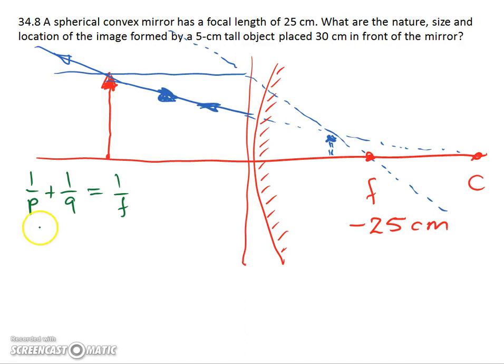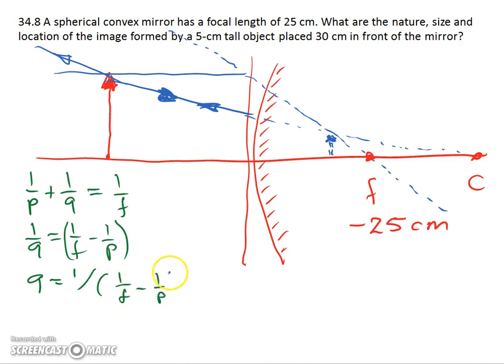So the first thing we want is the image distance. So 1 over q is equal to 1 over f minus 1 over p. That's subtracting 1 over p from both sides. And remembering to consider the right-hand side as a single unit, if I invert both sides, I get q is equal to 1 over (1 over f minus 1 over p).